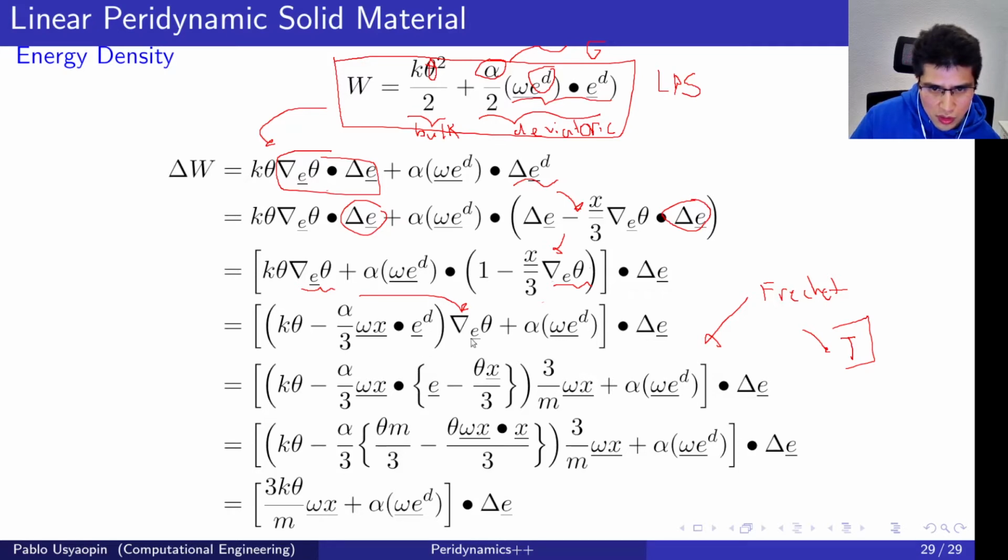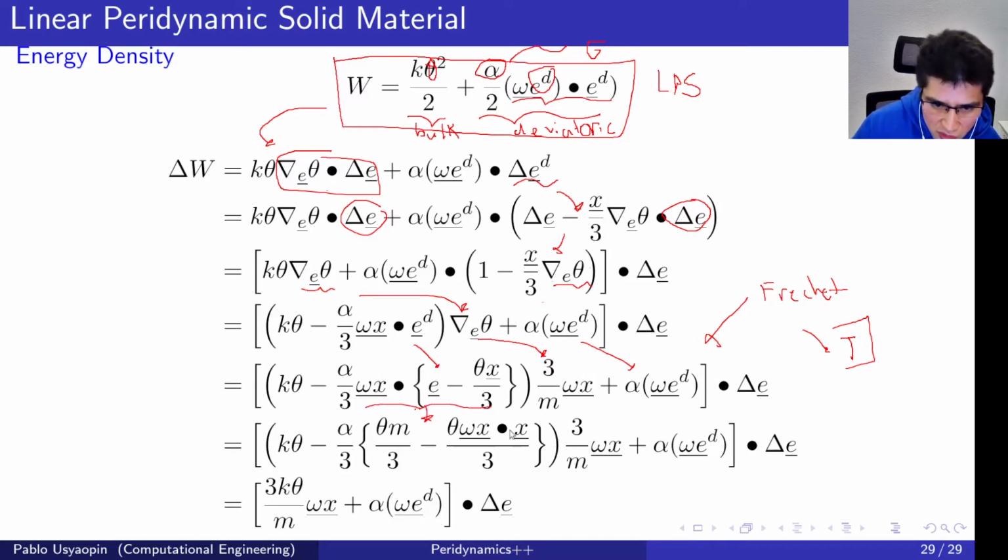You make the substitution of the Frechet derivative here, this term stays the same, and then you substitute the deviatoric bond extension by its definition, the extension minus the volumetric part, and so on. Then this term here you group together and make some substitutions.